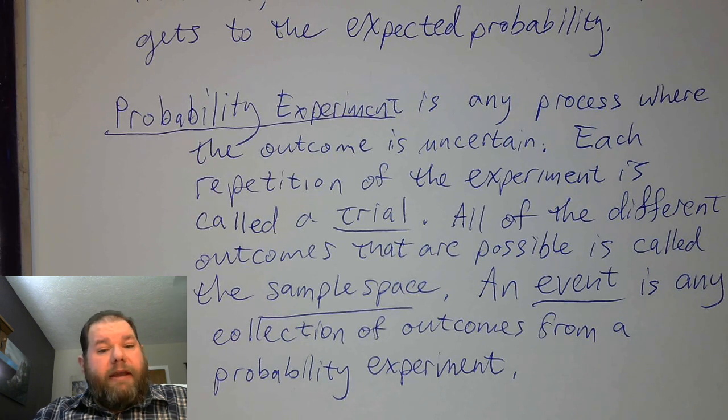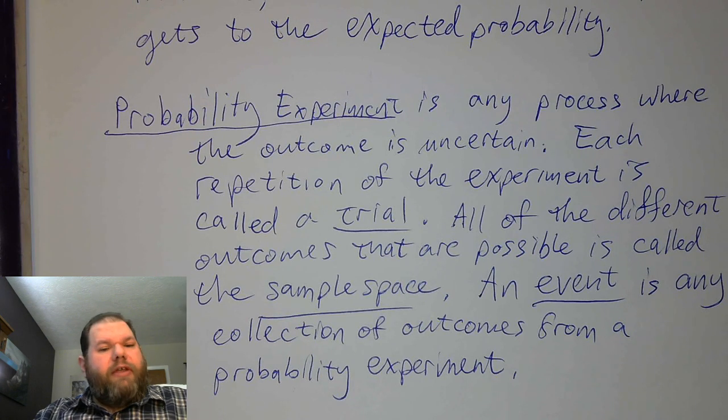Now, an event may have a single outcome, or it may be multiple outcomes. It just depends on what we're expressing. For instance, if we're rolling dice, one event would be, what's the probability that we roll a pair of dice and the sum that shows on the dice is 7? Well, that would be an event, that the sum is equal to 7. Or you may have another event where the sum is equal to 2, 11, or 12. That is multiple different outcomes, but it's all considered one event.